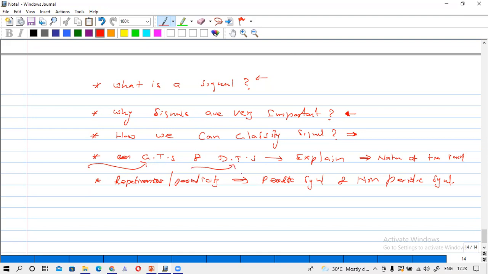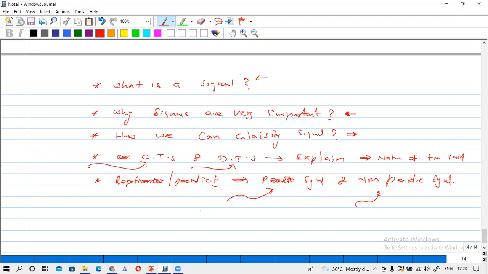And what is a periodic signal, what is a non-periodic signal, and how you classify signals into periodic and non-periodic, based on the repetitiveness of the signal.